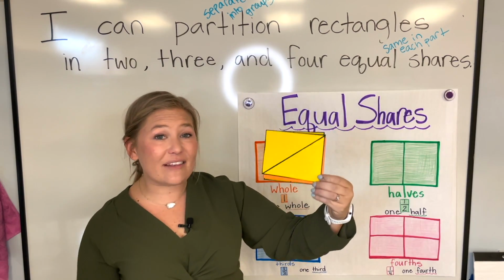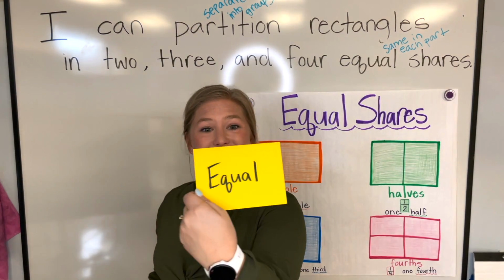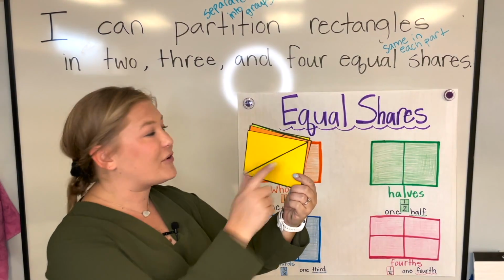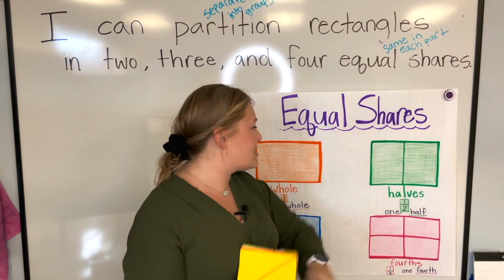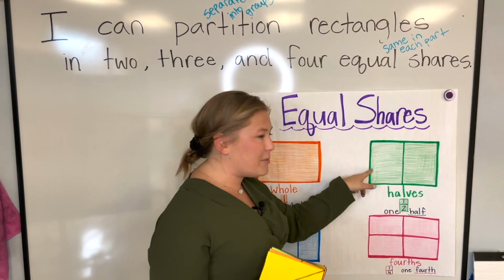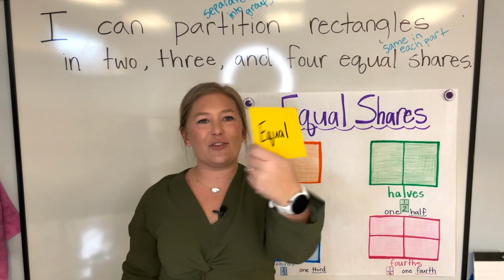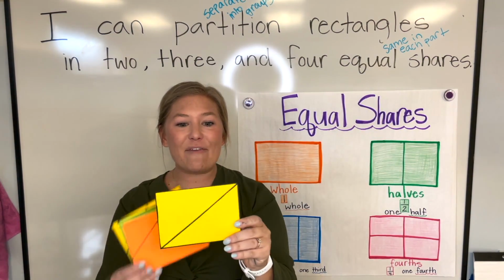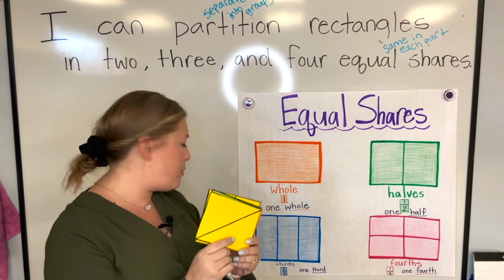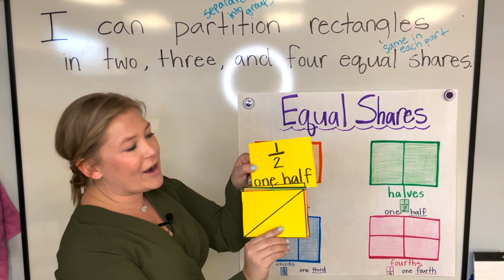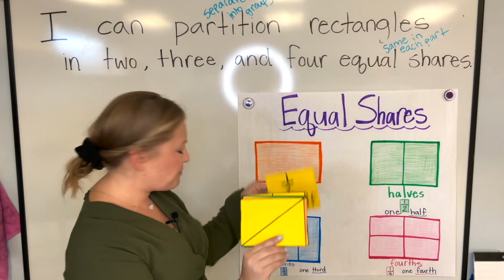So they are equal. Even though our line is maybe going different than what we normally see, it's not going right down the middle, it is still breaking apart our rectangle into an equal share. So this one is equal. If I told you to color one part of this, you would be coloring 1/2 of your rectangle.